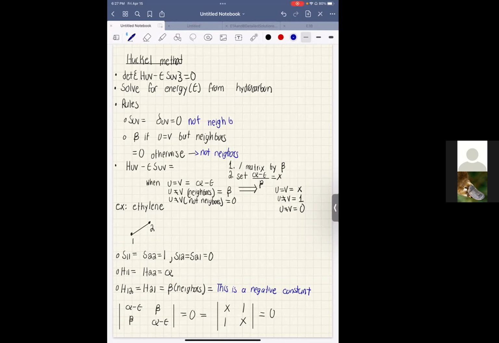If U is equal to V, but neighbors. Oh yeah, okay, so I am right.